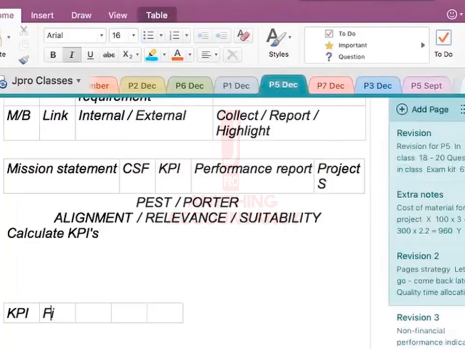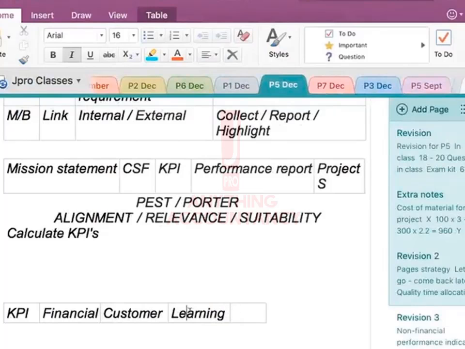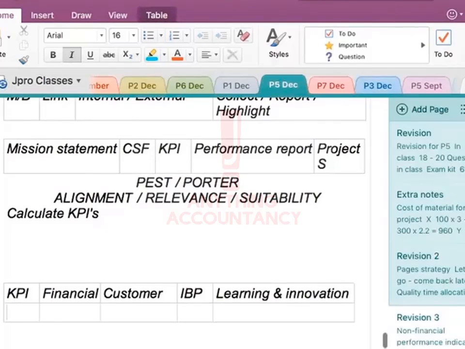You got financial, next one is customer, learning, and internal business process, and you got learning here. Now remember, this is not the answer yet, it's just you breaking it up, yes or not?